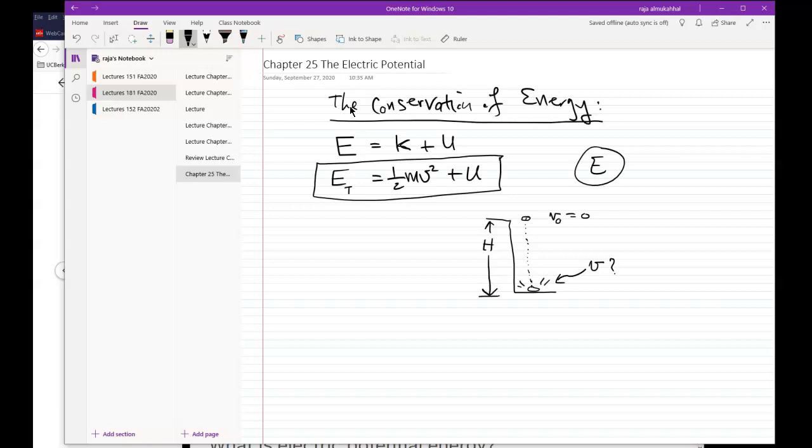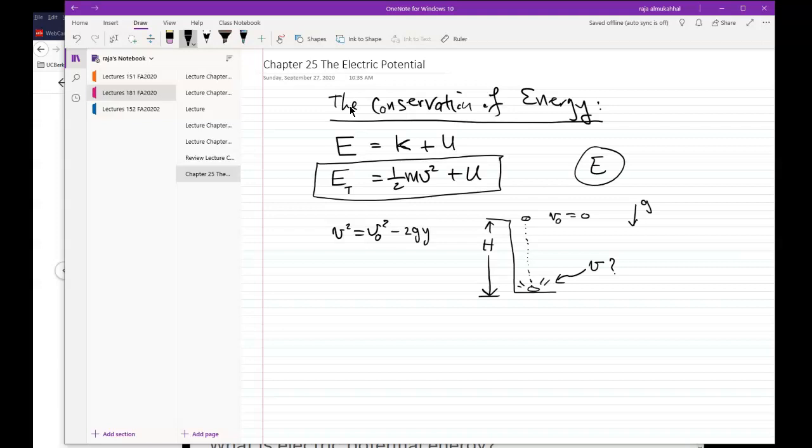Well, how do I do it? One way is to use free fall kinematics. As we know, the acceleration due to gravity is g. So I can use the second kinematic equation, v squared equals v naught squared minus 2gy, y being the height, and v naught is the initial velocity.